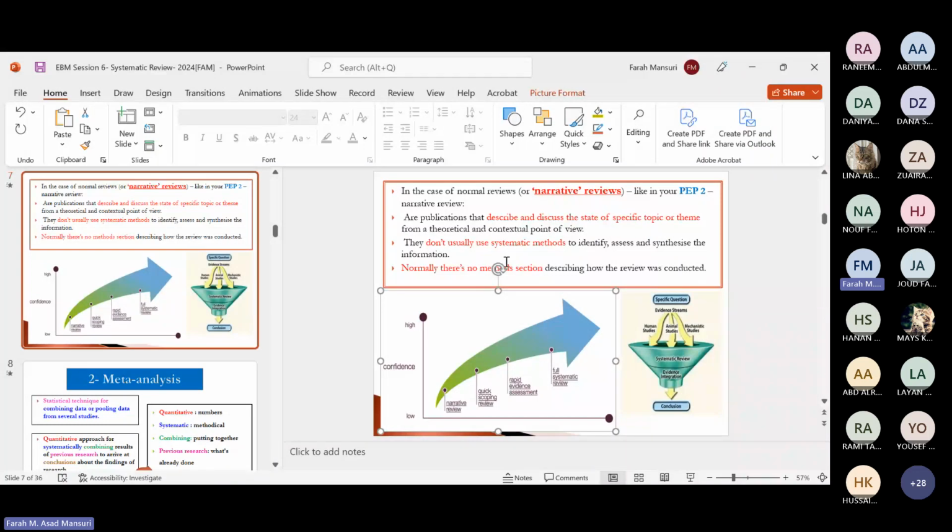That means you do a literature search, but you don't decide which studies will be included, which will not, which objectives are to be covered, or which time period.